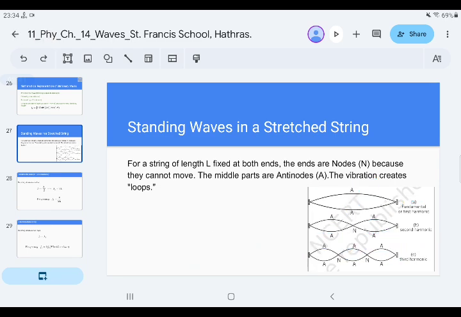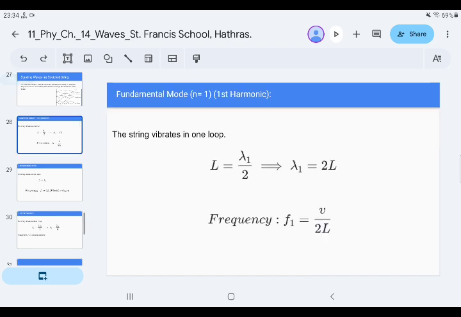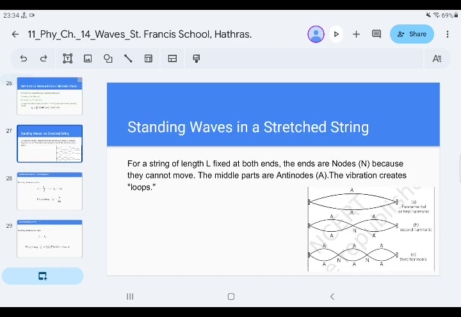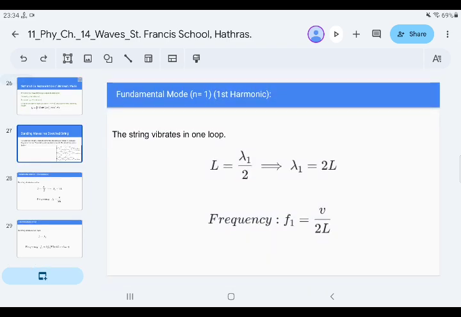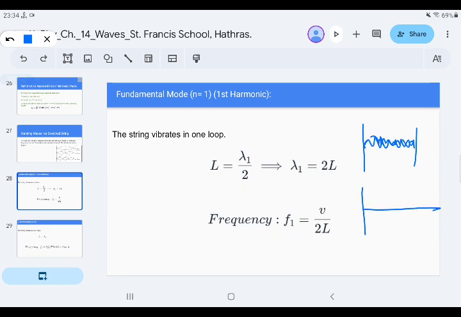Now let us see the conditions when these are produced. Actually, something like the figure here. For example, if it is a string and the string is being pulled, and some disturbance is produced, and these disturbances add to each other, finally this kind of pattern is produced.